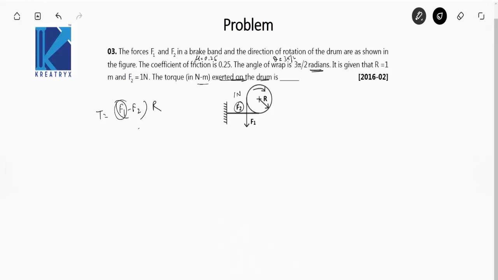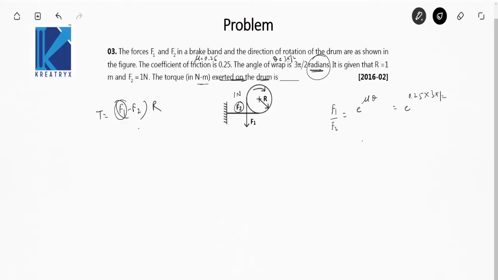F1 by F2 we can find out by this relation, which can be used in a band brake, that is F1 by F2, the ratio of these tensions, is equal to e raised to the power mu theta. So e raised to power 0.25 into theta, and theta must be in radians. Here in the question theta is in radians, that is 3 pi by 2.